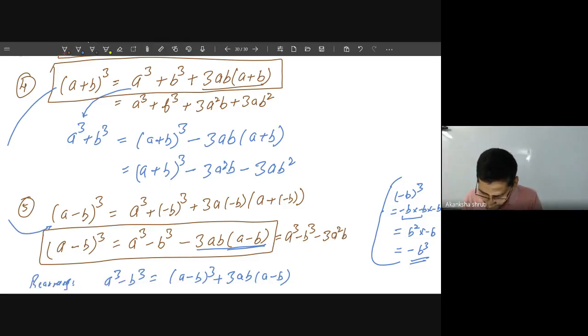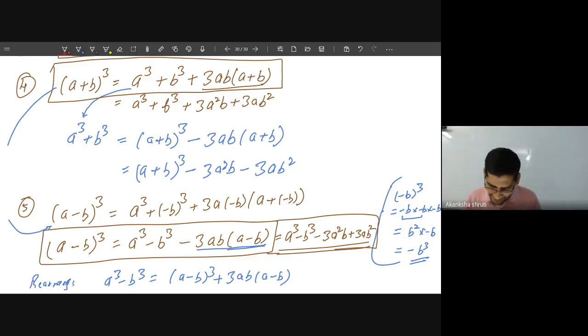Now applying distributive, inside the bracket there is minus b and minus 3ab, so it will turn into plus 3ab square. So whether you keep a cube minus b cube minus 3ab(a minus b), or a cube minus b cube minus 3a square b plus 3ab square, both are the same thing.